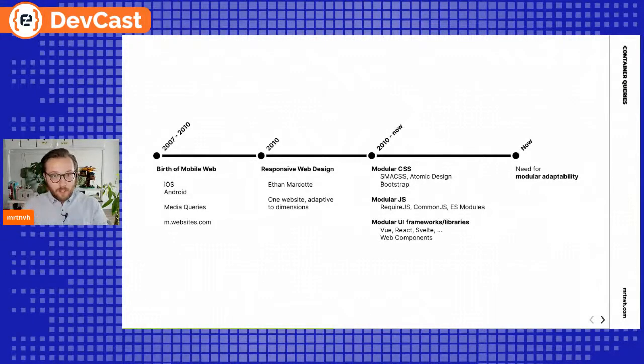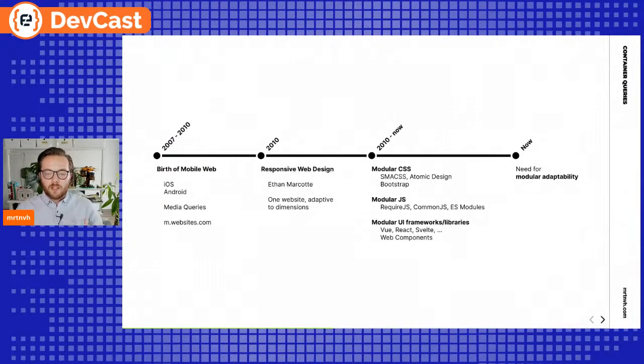But that stopped in 2010, 25th of May of 2010 to be exact, when Ethan Marcotte published his responsive web design article on A List Apart. His idea was, well, why two separate websites?